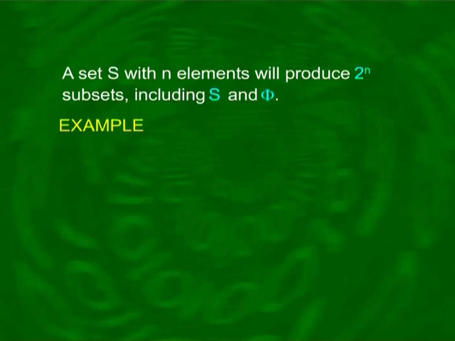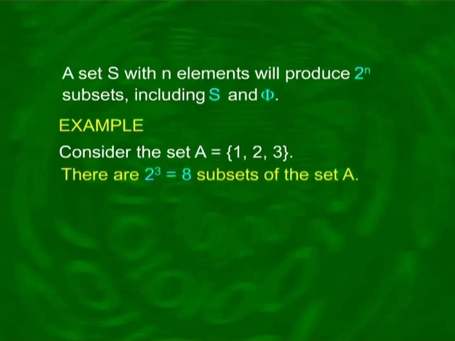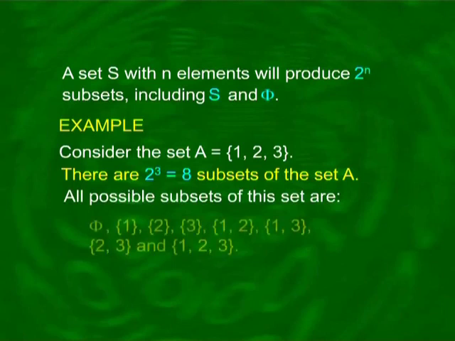For example, if we consider the set A consisting of the numbers 1, 2 and 3, it will generate 2 raised to 3, that is 8 subsets, and these subsets are phi, {1}, {2}, {3}, {1, 2}, {1, 3}, {2, 3} and {1, 2, 3}.